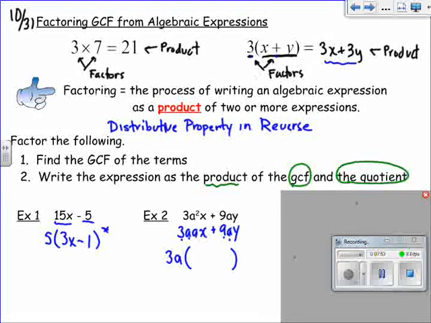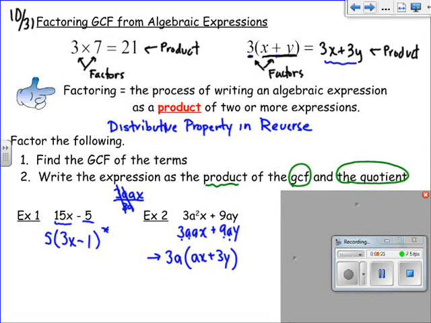What's left when we divide 3a out of 3aax? Well, if you're not sure, go off to the side and think about that. When we take 3aax and divide it by 3a, we just have ax left. So we have ax left in our first term, and in the second term, we just have 3y left.